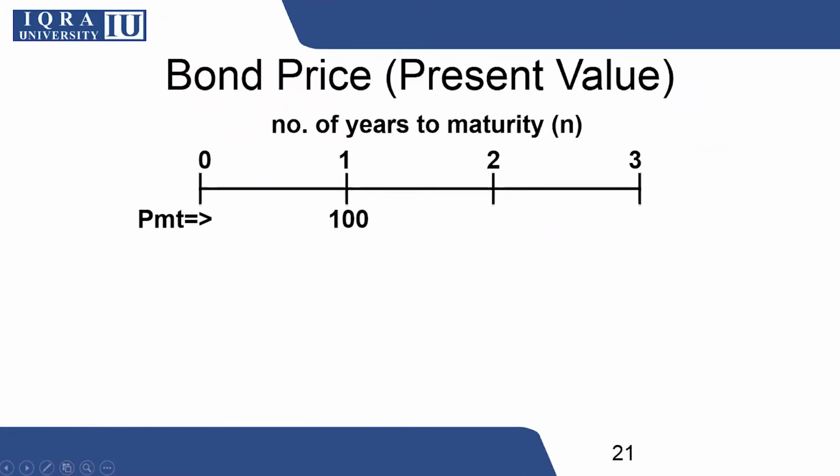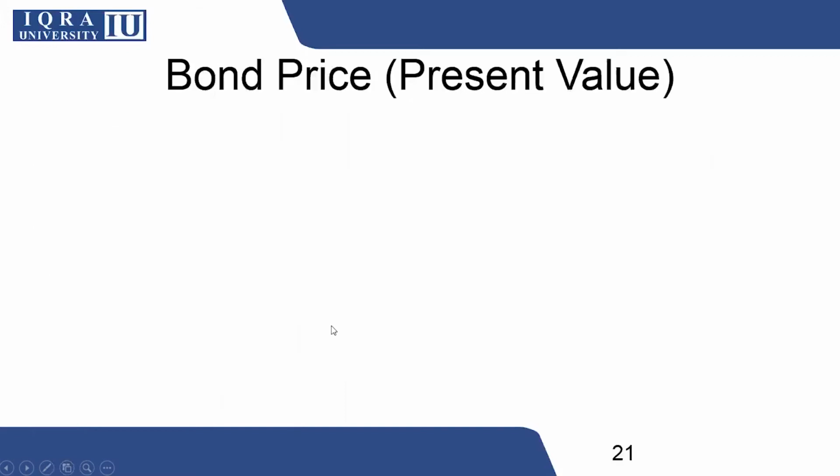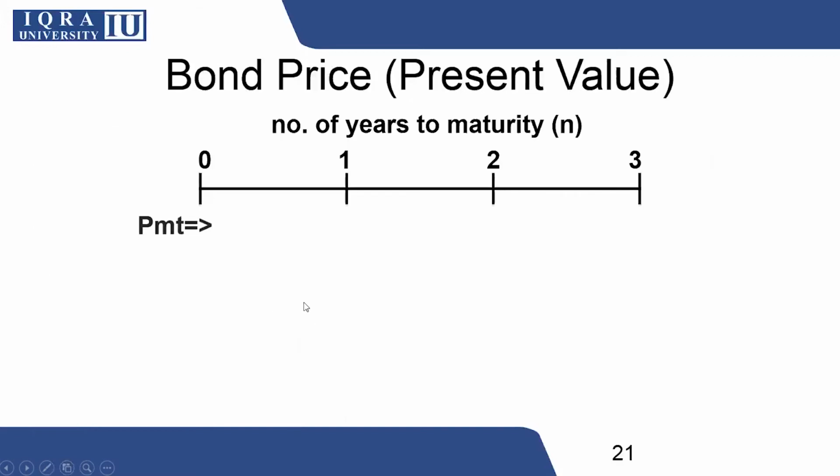In these 3 years, the company will pay the investor 100 rupees per year. As we discussed in the previous slide, the coupon rate is 10%, and we discussed in previous lectures that you can calculate this 10% on the face value. So you will get 100 per year for the next 3 years. This is the payment that the investor will receive.